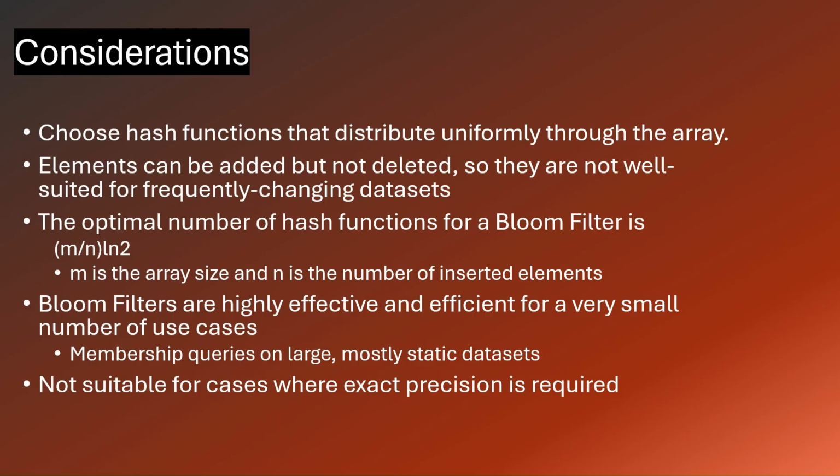Elements can be added but not deleted, so these are not well suited for frequently changing data sets, dynamic data sets. The optimal number of hash functions for a Bloom filter is m divided by n times the natural log of 2. The math behind this, again, is beyond the scope of this presentation, but here m is the size of the array and n is the number of inserted elements.